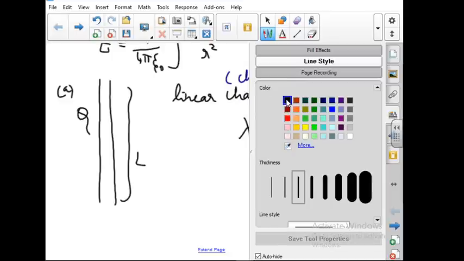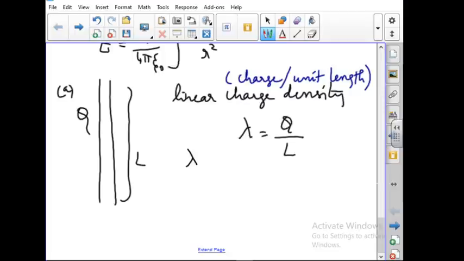So if it is a charged wire, how will we calculate the electric field? That we are going to study now. For that we are using the term linear charge density. It is for a wire. So lambda is equal to Q by L. What is the unit of linear charge density lambda?